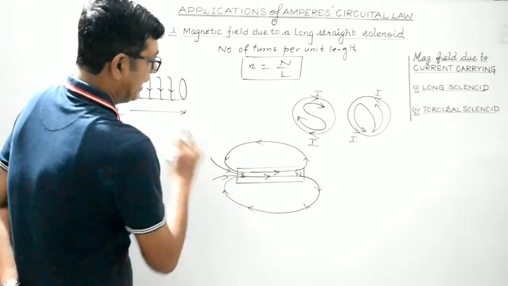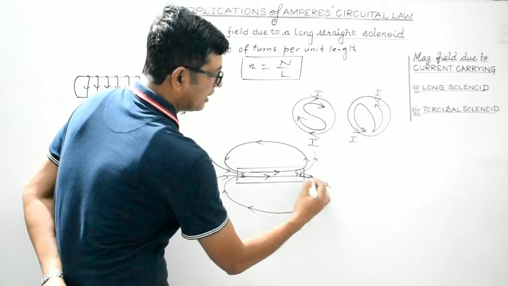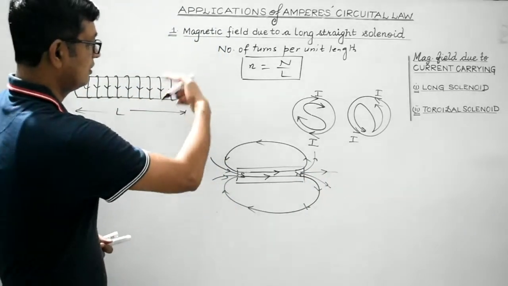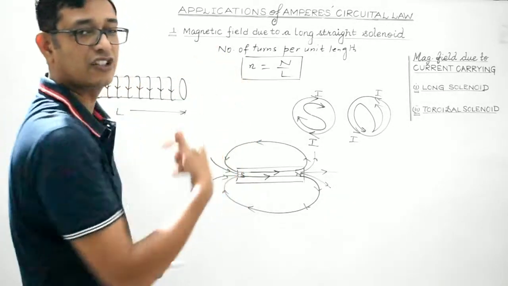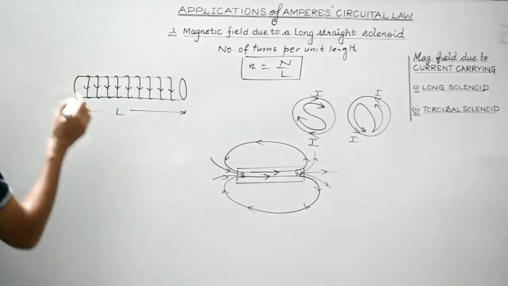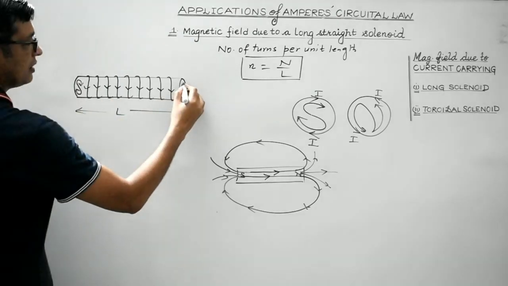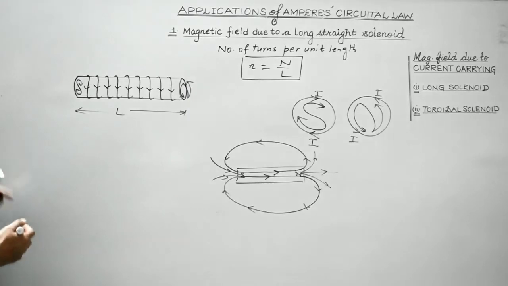So the end of the solenoid through which the current appears to be flowing in the clockwise direction will behave as the south pole, while the end through which the current appears to be flowing in the anti-clockwise direction will behave as the north pole. So this end will behave as south, while this end of the current carrying solenoid will behave as the north pole.